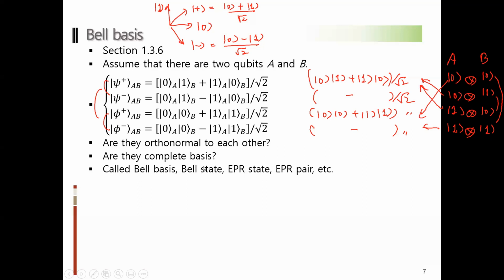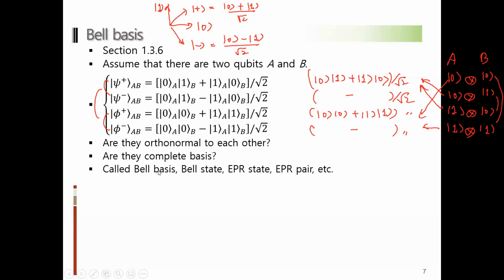Eventually, some people did the measurement, and they showed that the EPR assumption is wrong, and that this kind of state exists. That's why it is sometimes also called a Bell basis. Most of the time people call this one a Bell basis.